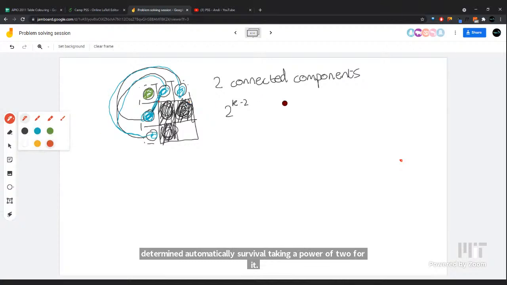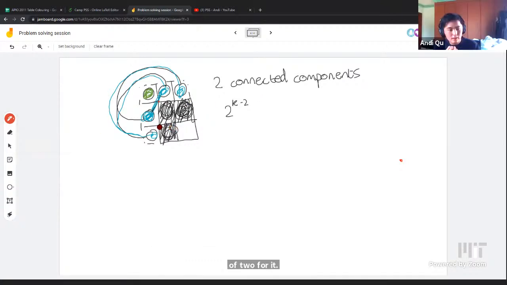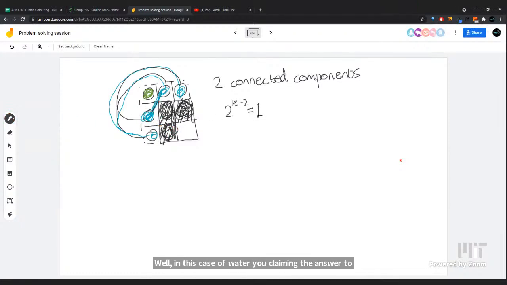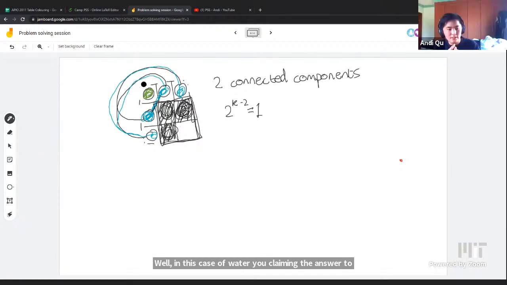What do you mean? In this case, what are you claiming the answer to be? The answer is 1. Because we only care about this block. This is an imaginary block that we added. We don't care about the color of this. So the answer is 1.